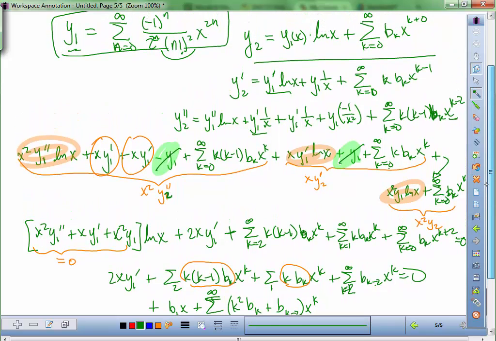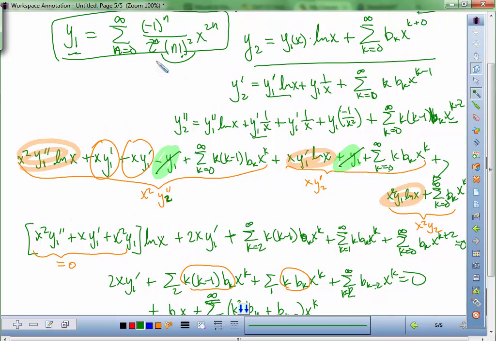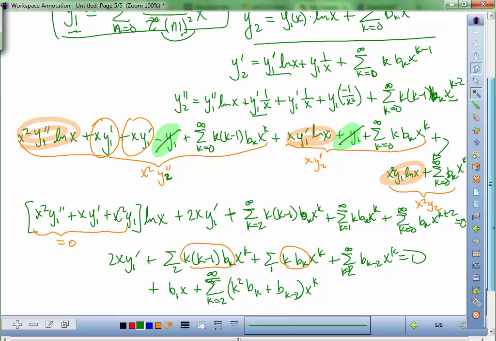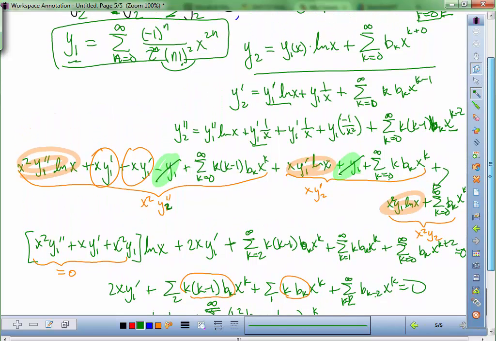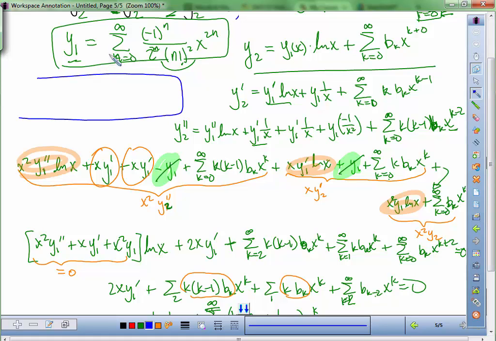Where's y1 prime? Oh, it's right here. This is y1. We're going to need some y1 prime business so that we can put it down there and see if we can get anything out of it. Y1 is equal to this. If we want to take the derivative, y1 prime is equal to the sum for n from 0 to infinity of -1 to the n.